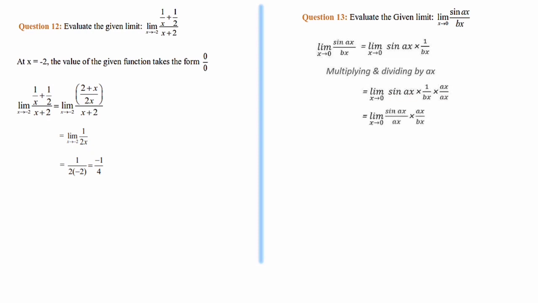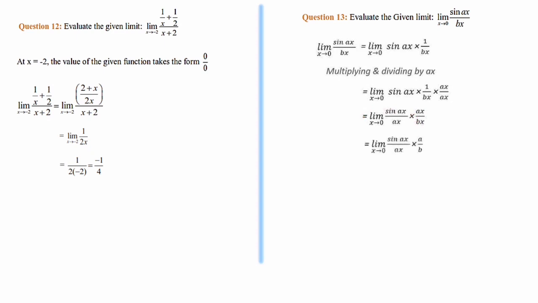This sin ax by ax we can group. So limit x tends to 0, sin ax by ax into, there is one ax in the numerator balance, denominator there is a bx. So ax by bx. Here you can see x and x common. If you cancel x and x, a and b, a divided by b, is a constant, we can take out.